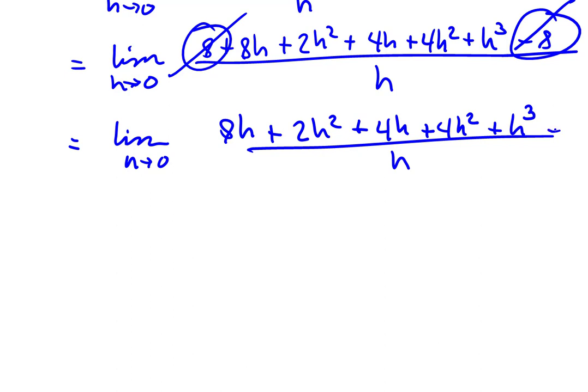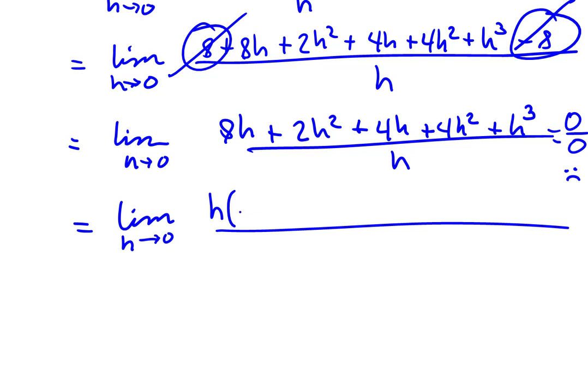We would still get 0 over 0, which makes us a little sad because we're not quite out of that problem yet. But notice now algebraically that the numerator terms all have a common factor of h. So what I can do is rewrite this all yet again. I have the limit as h approaches 0, where in the numerator I'm going to factor out an h from all the terms.